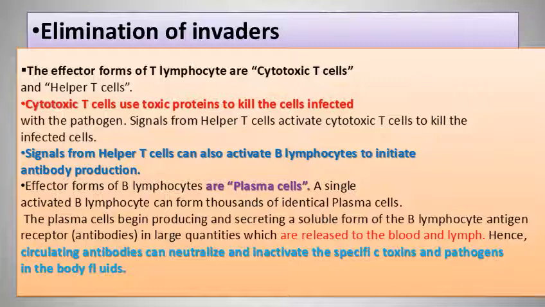So the B lymphocytes don't kill the cells or the pathogen, but they can neutralize and inactivate the toxins and pathogens in the body fluids.